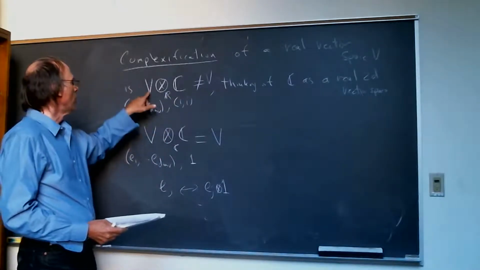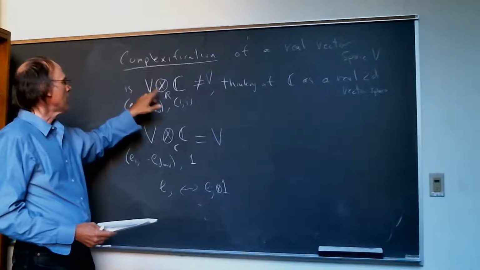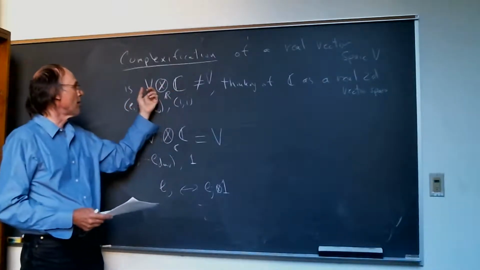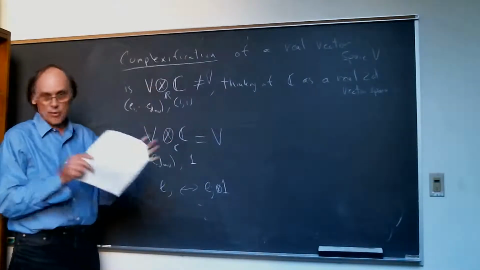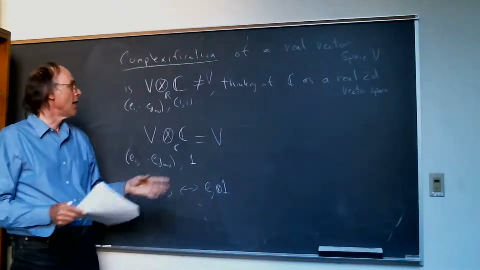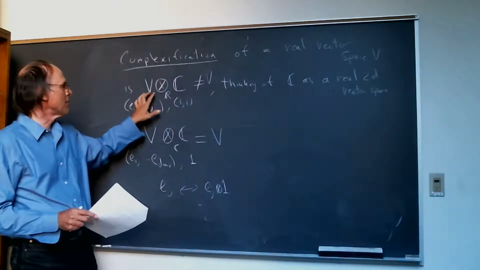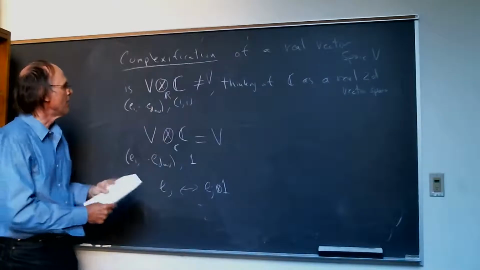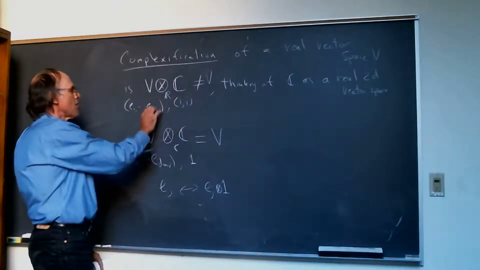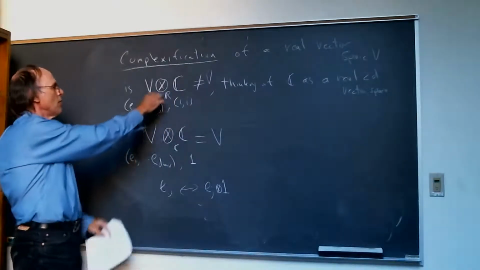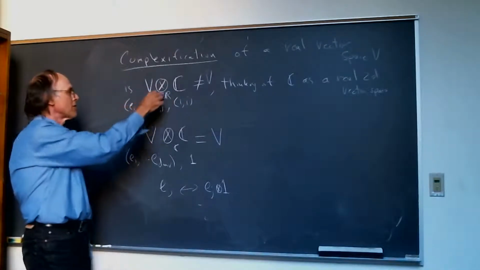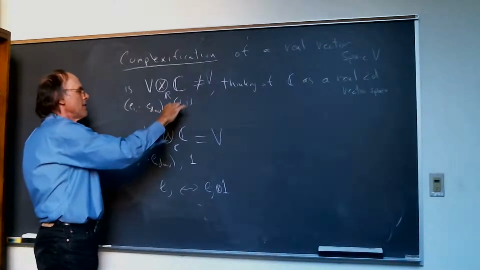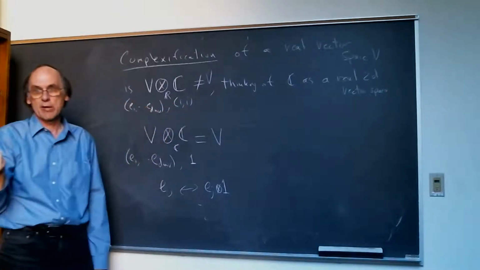So the idea of a complexification is you start with a real vector space, as I already mentioned. This construction gives you a new real vector space whose basis elements are these pairs, so there's twice as many basis elements.